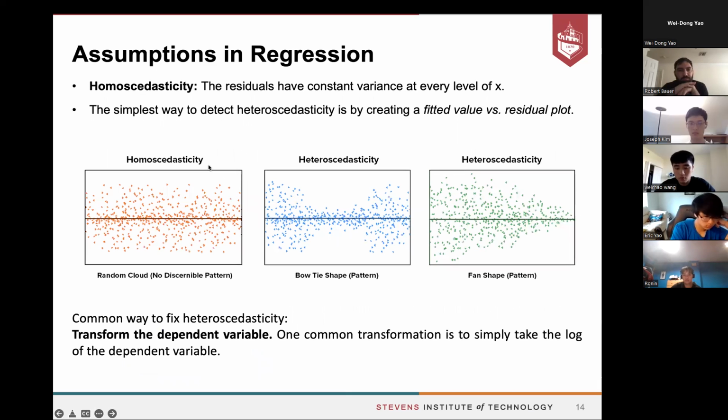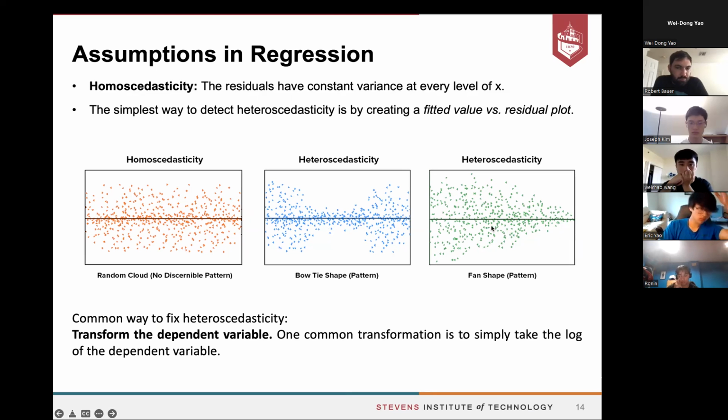Okay. So the next slide is about the third assumption, that is homoscedasticity. The residuals should have constant variance at every level. Residuals are the errors, where we have a threshold line. If the residuals or the data points are equally distributed above and below the threshold, it indicates homoscedasticity.